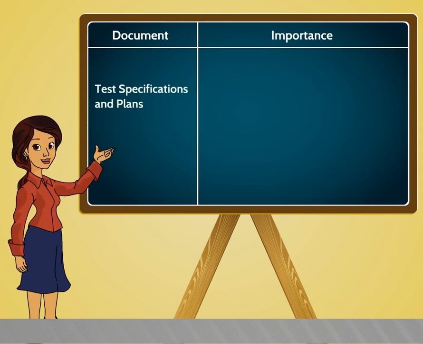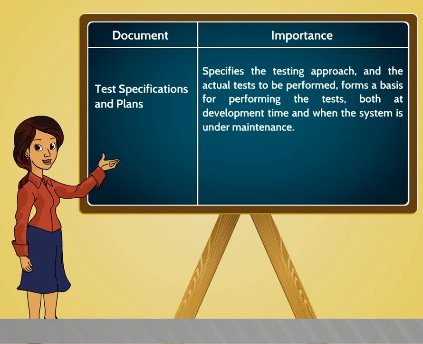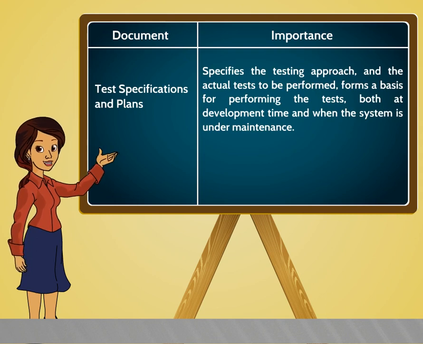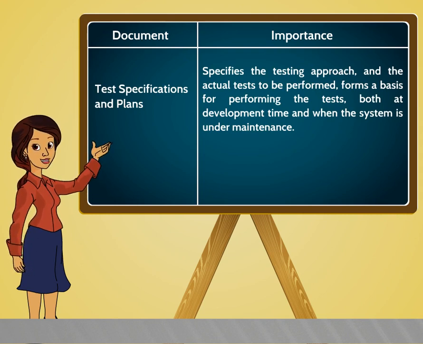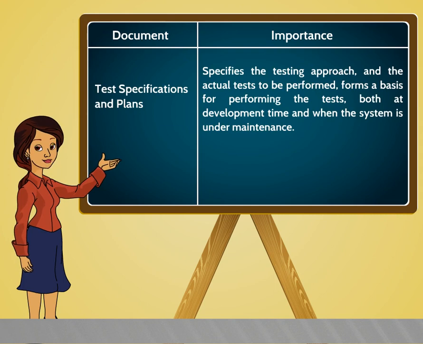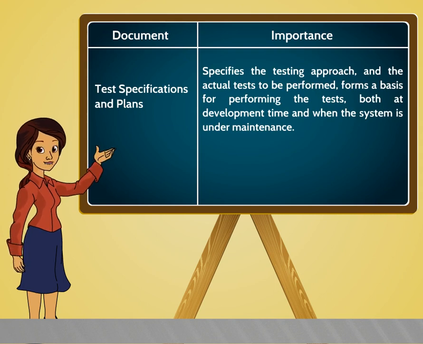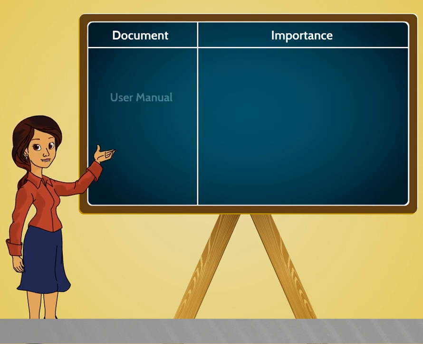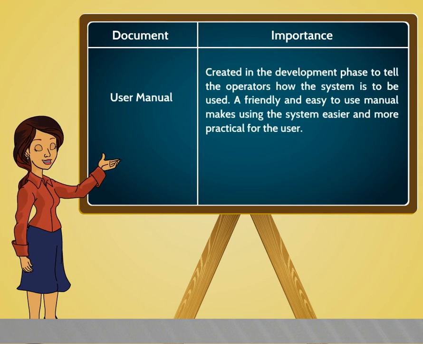Test specifications and plans. Specifies the testing approach and the actual tests to be performed, and forms the basis for performing the tests both at development time and when the system is under maintenance. User manual. Created in the development phase to tell the operators how the system is to be used.